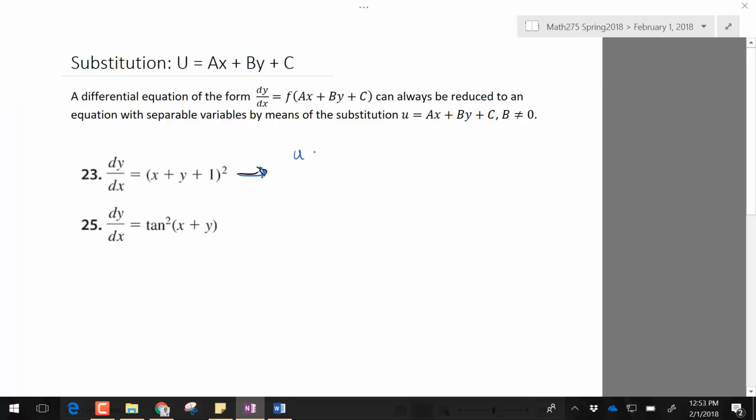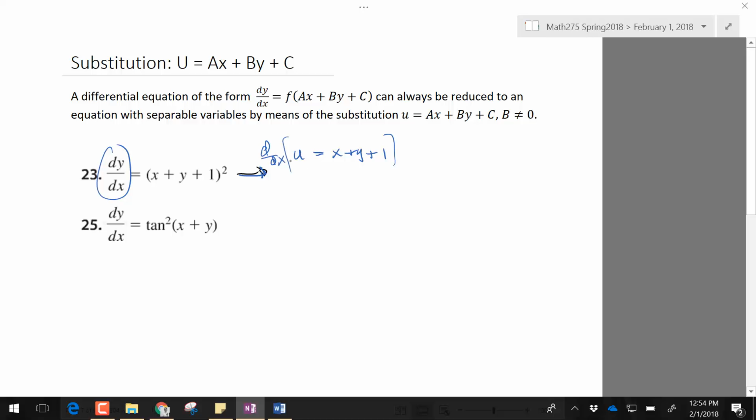So we're going to let u equal x plus y plus 1, and then your differential equation will be u squared. Actually, it's not just going to be that, so we have to be careful and also replace our dy dx. So we're going to take the derivative of both sides with respect to x.